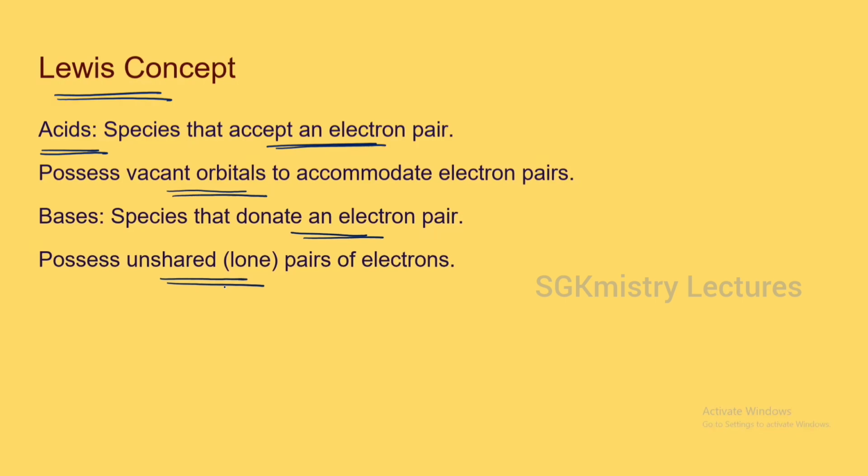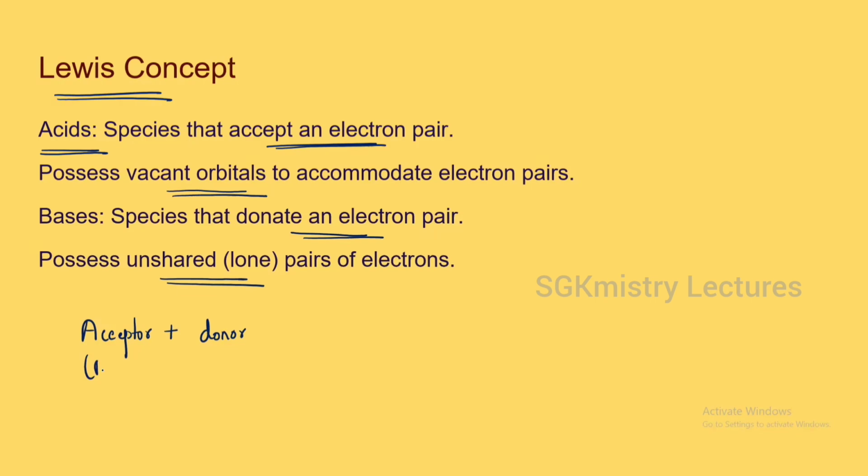Now, the acid-base or neutralization reactions can be termed as donor-acceptor reactions, or coordinate covalent bond formation reactions, because here we are mainly considering the donation of the electron pair from the electron donor to the electron pair acceptor. So we can write it in general as acceptor plus donor.